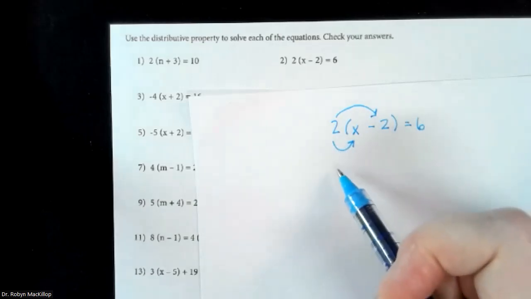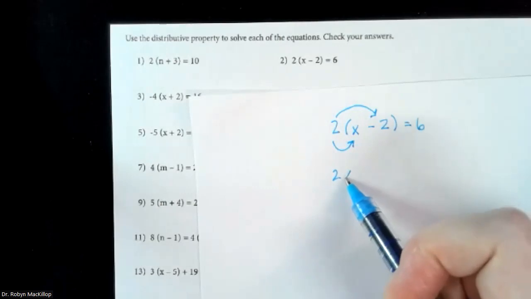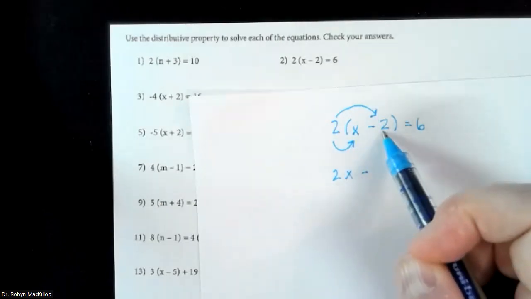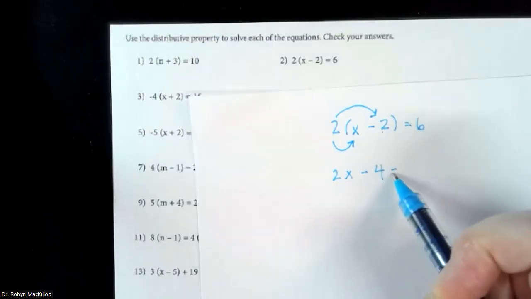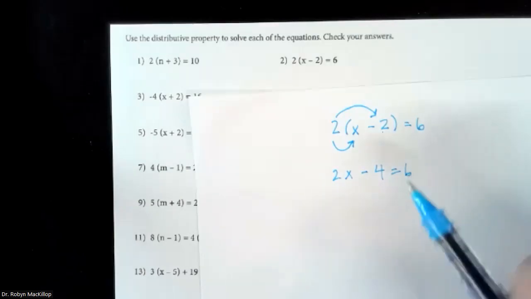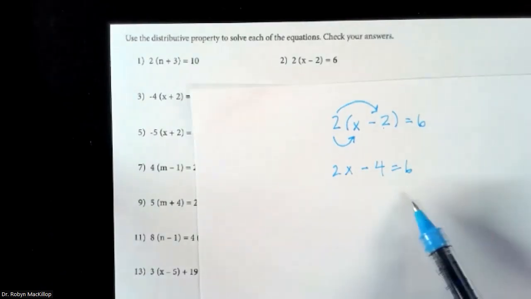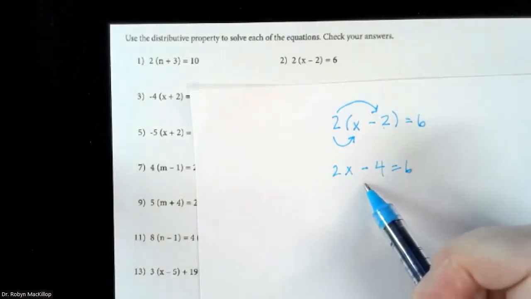So first we're going to do 2 times x, minus 2 times 2, which is 4. Perfect. See that it's really not bad. And it cleaned right up. Now it looks like something we've been doing, and you go right back into it.